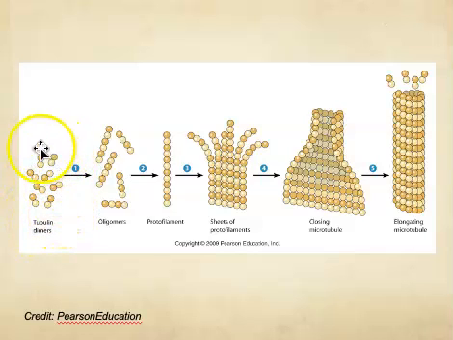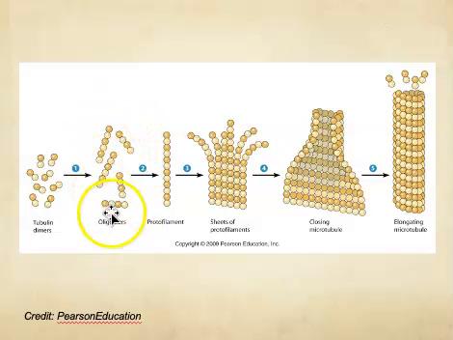So the first thing that happens is these tubulin heterodimers start to be assembled together into short structures that you would call an oligomer. That term oligomer is a generic term. It just means a short structure with few subunits.